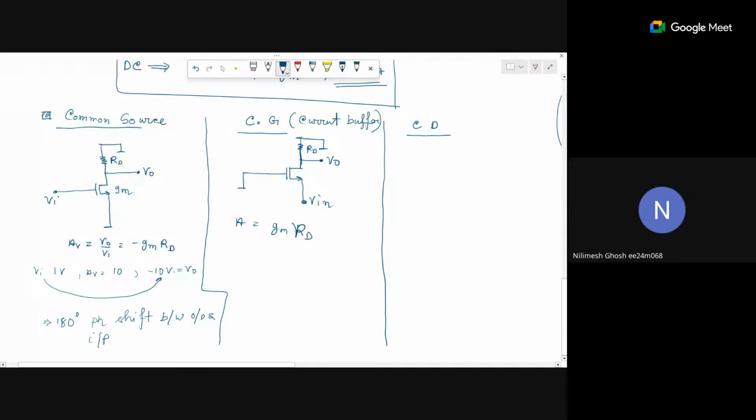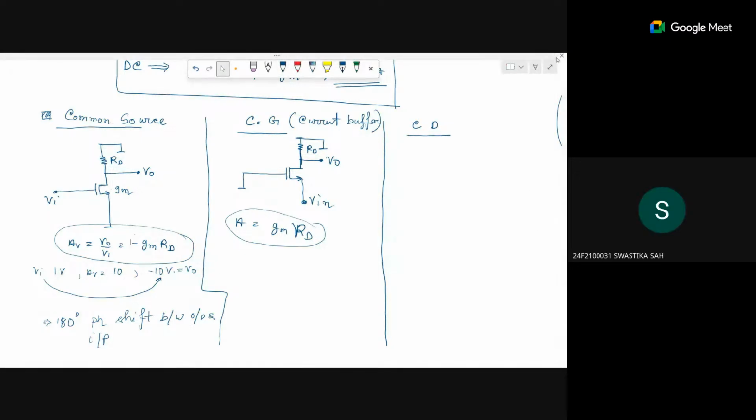So the voltage gain here and here is the same in magnitude, but in the common source it is negative, and here it is positive. So you can use this circuit in situations where you don't need to invert the sign.